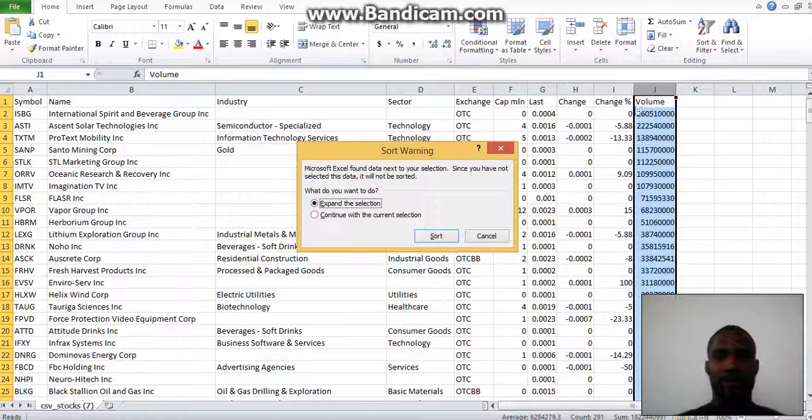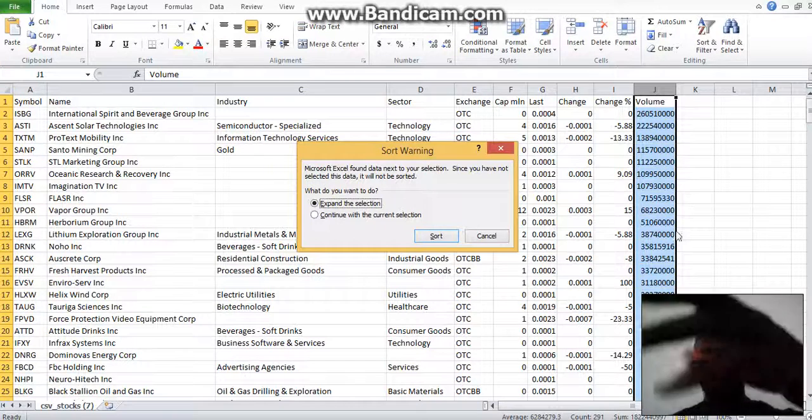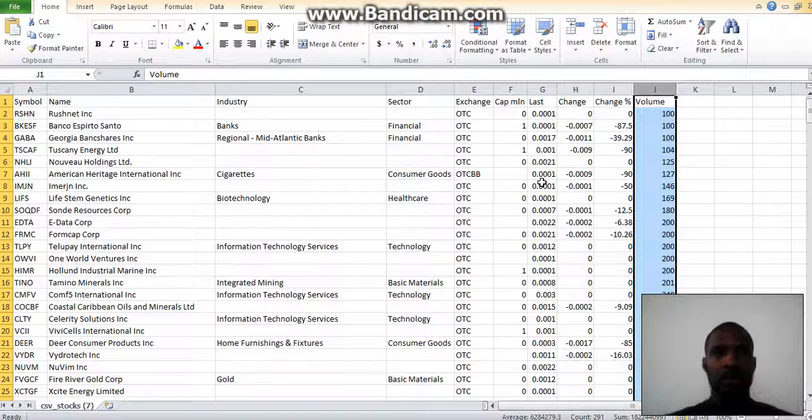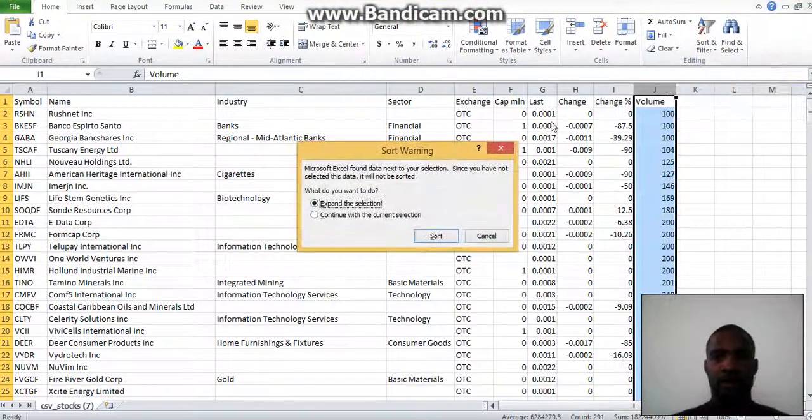You want them to remain the same. Whenever the volume over here switches to the least, you want all of this to switch with it. So you want to expand the selection. So you can see it just switched everything back to the smallest, but I went largest.